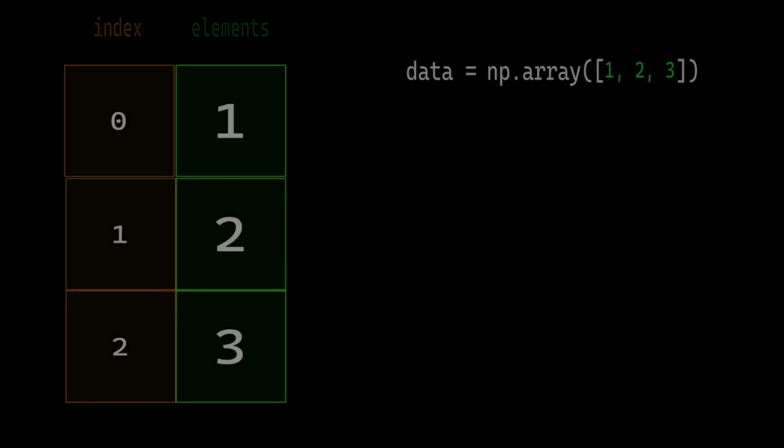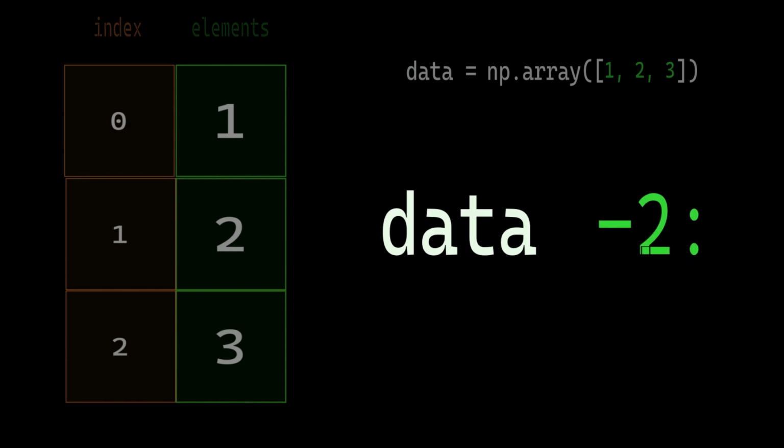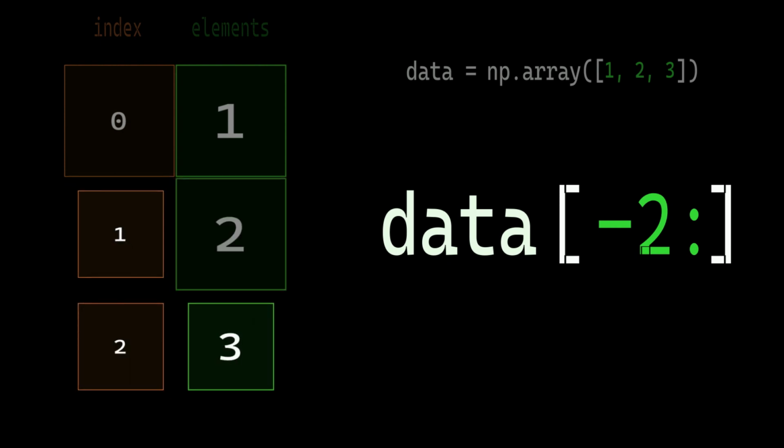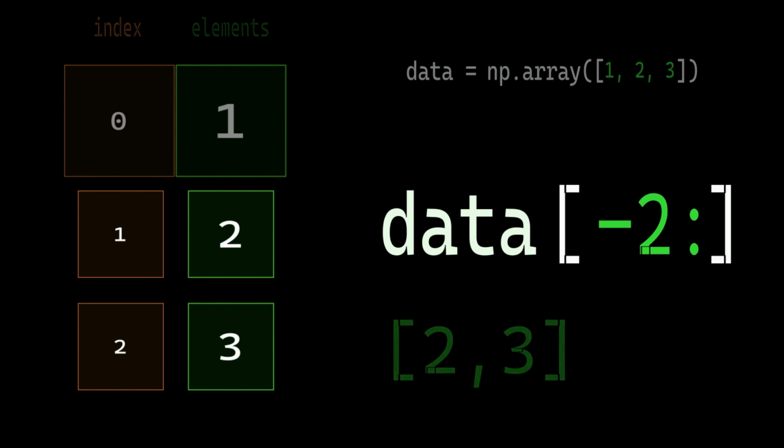The expression data[-2:] in square brackets creates a new array that includes elements from the second to last element, which is 2, to the last element, which is 3. So, the subset array will contain elements 2 and 3.